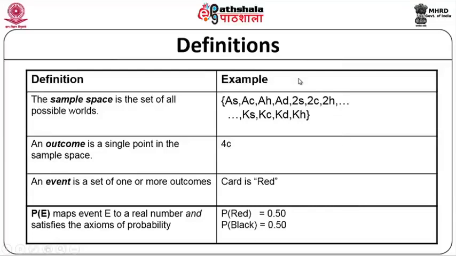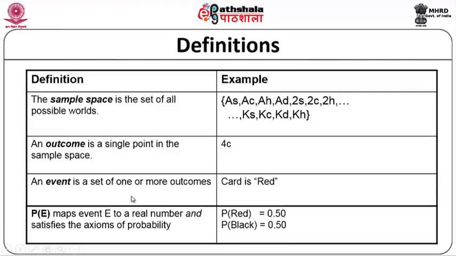So far we discussed 4 definitions: sample space, outcome, event and probability of an event. An example for a sample space may be the card that you draw at random from a deck of cards. An outcome can be, say, one single sample from my sample space.